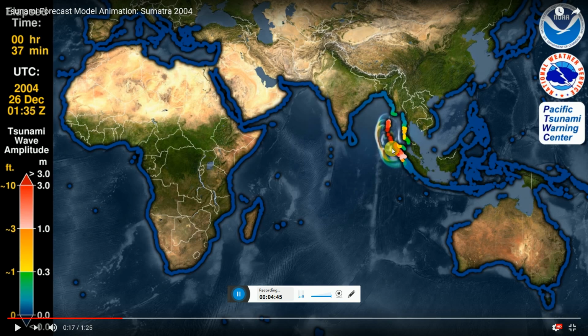About 37 minutes after this earthquake started, most of these areas here have already been hit, including Banda Aceh, where more than 30,000 people died out of 300,000 people who live in that city.